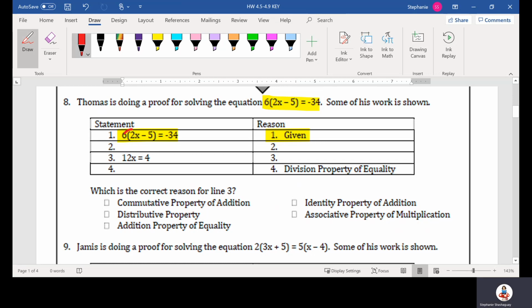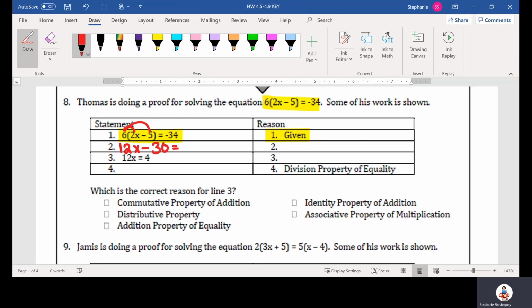Well, to go from step 1 to step 2, we would need to distribute that 6. I'm going to redo that so that you can actually see the number. So when you multiply 6 times 2x, you're going to get 12x. But don't forget to also multiply that 6 times that negative 5, and so you're going to get negative 30.